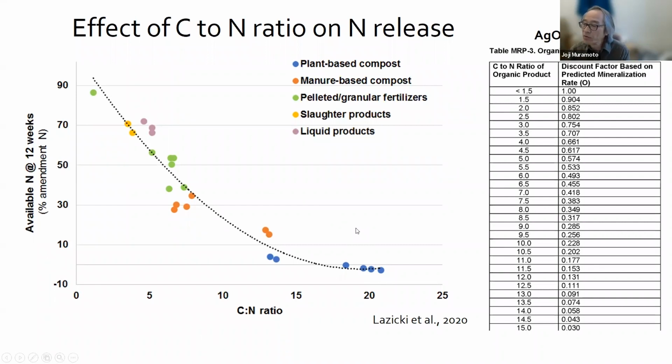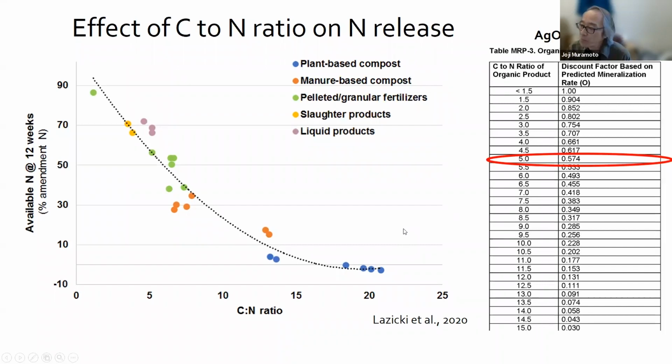The current Central Coast water quality regulations, Ag Order 4.0, give an organic fertilizer discount factor, because the total nitrogen content of organic fertilizer does not necessarily mean all of it becomes plant available.